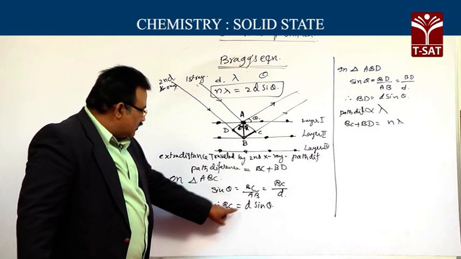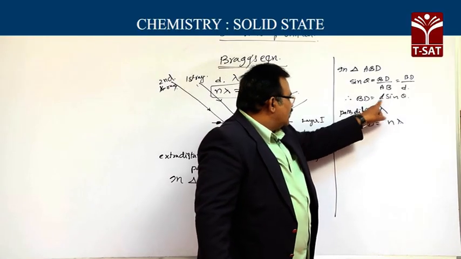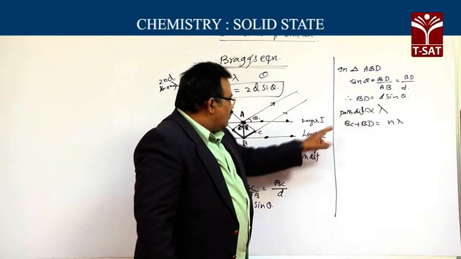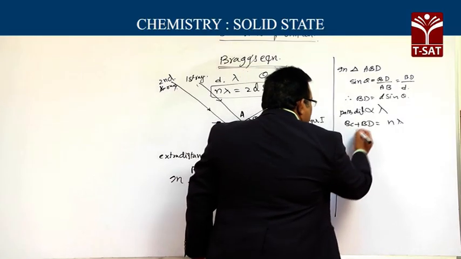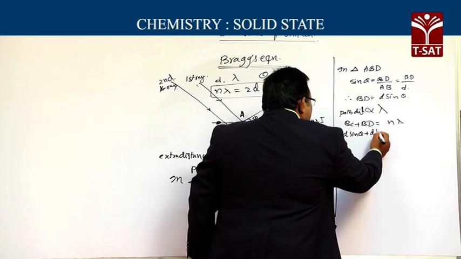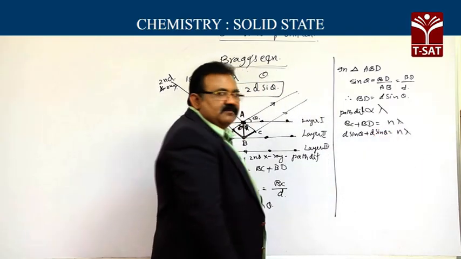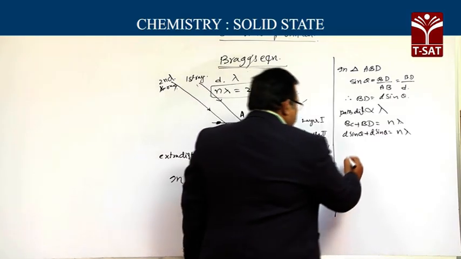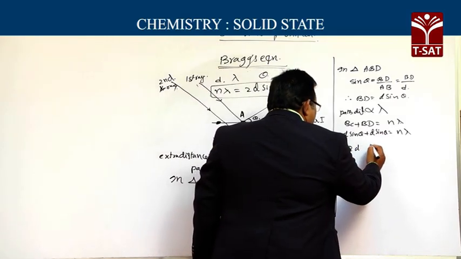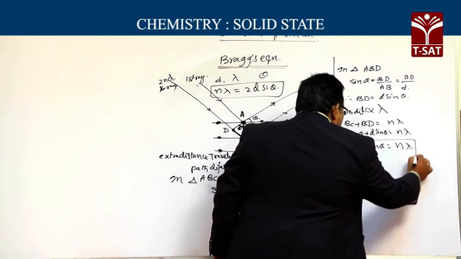BC is how much? d sin theta. BD is how much? d sin theta. Now add BC plus BD: d sin theta plus d sin theta is equal to n lambda. So 2d sin theta is equal to n lambda.